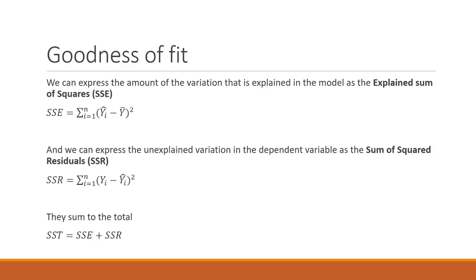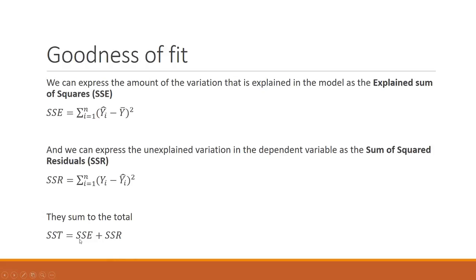Let's think about it intuitively first. If I want to say how well my model fits the data, I would ask: how much of the variation in the dependent variable is explained by the model?